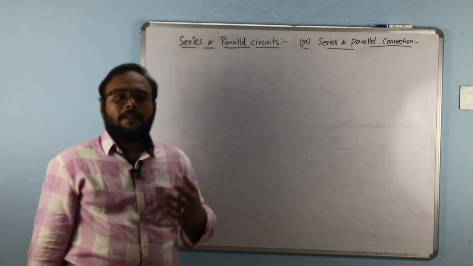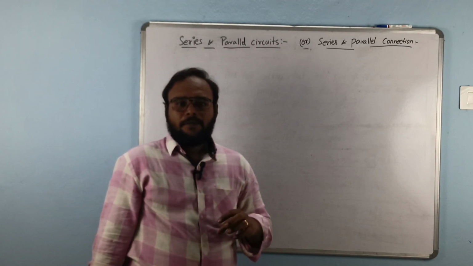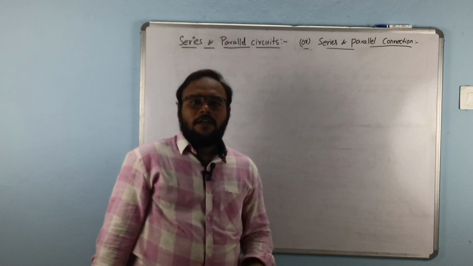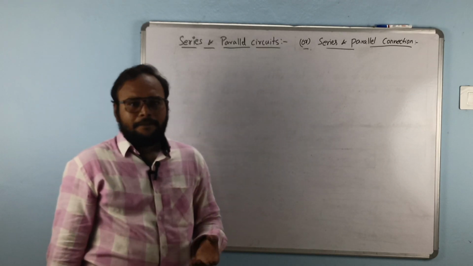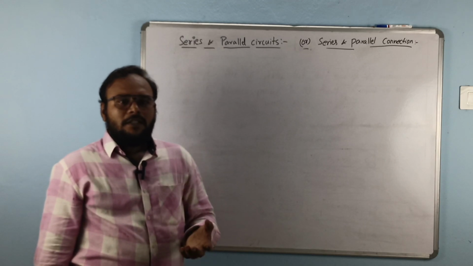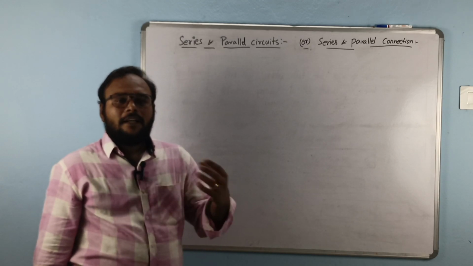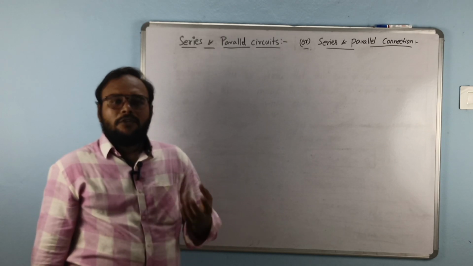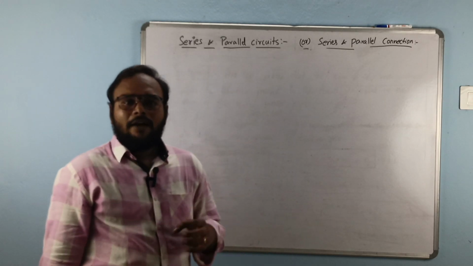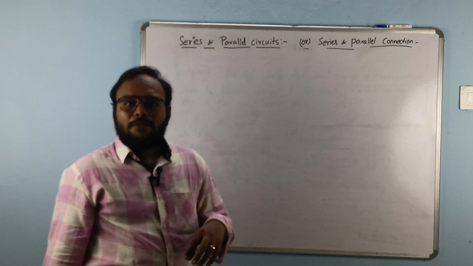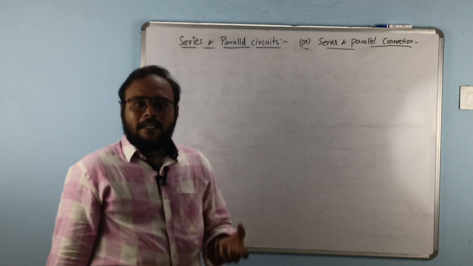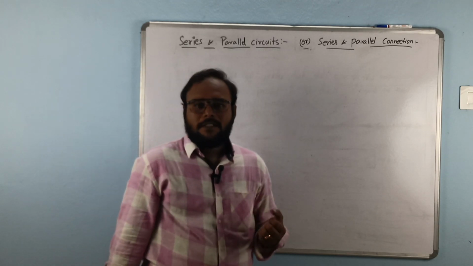We are going to make the circuit simple in order to find the current through the electrical elements, whether resistor, inductor, or capacitor. These different combinations of connections are made of RLC elements. We make the circuit a simple equivalent circuit by reducing a complex circuit into a simple equivalent element circuit, like equivalent resistance, equivalent inductance, equivalent capacitance.